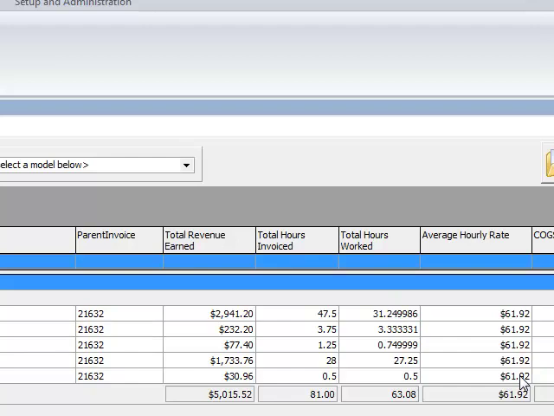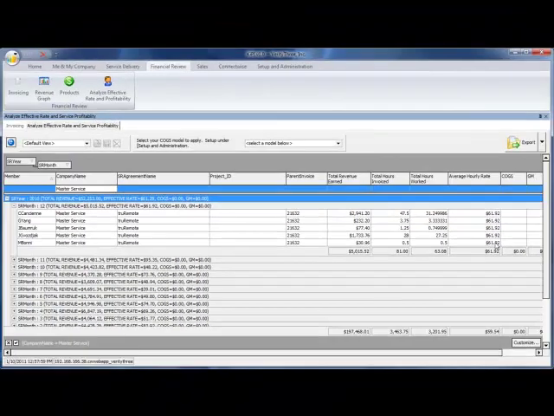It's our opinion that the average hourly rate should always be the Connectwise calculated one based on the time that you put in. It is to your advantage to use that as your measurement for your organization. But that doesn't mean that in the actual calculations itself, the average hourly rate or the real rate is still preserved and could be used for future analysis using other mechanisms of KiPI.